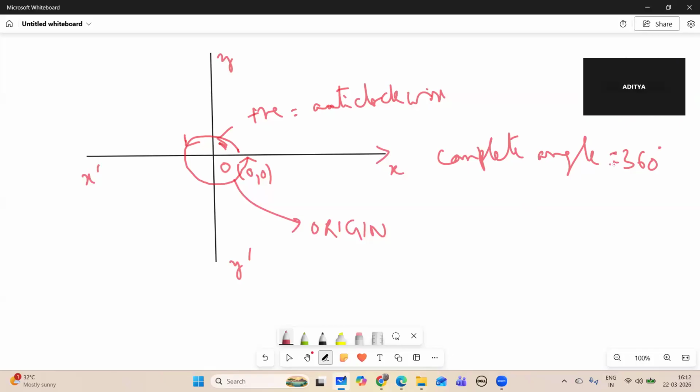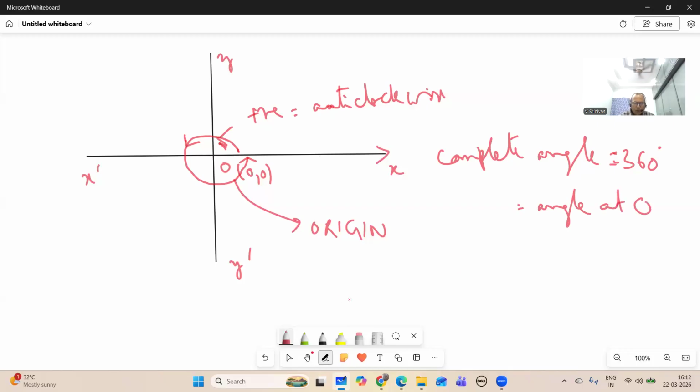Okay, so complete angle also becomes angle at a point. At a point, right? And then we divided this 360 degrees into 360 equal parts.